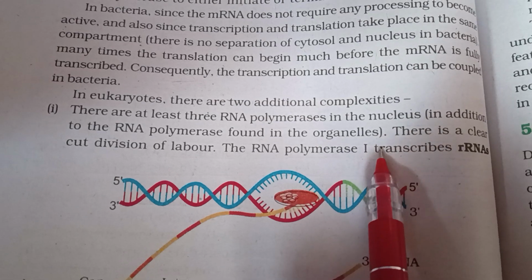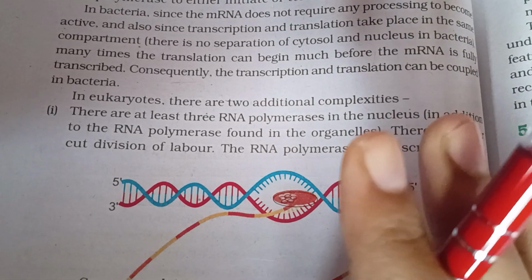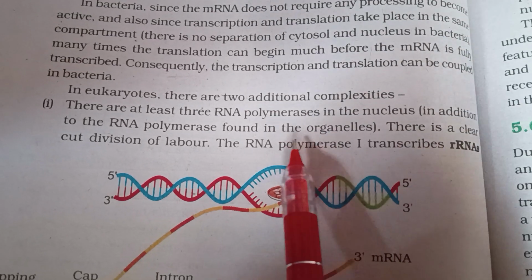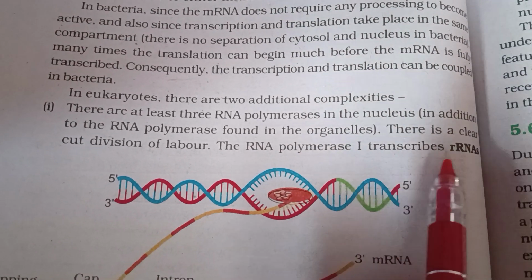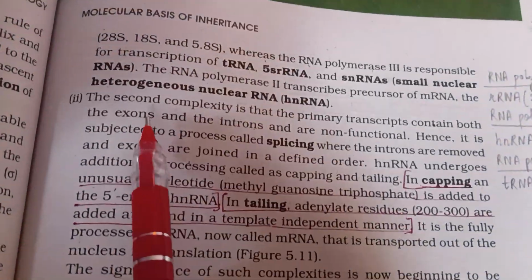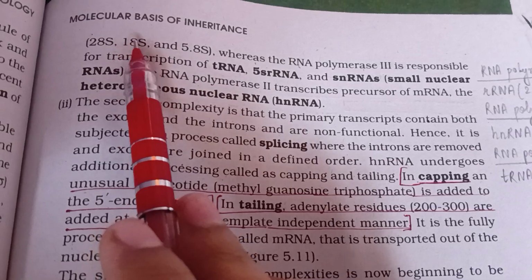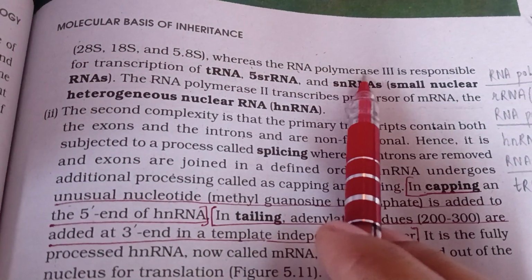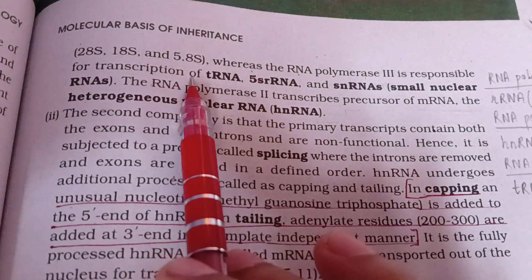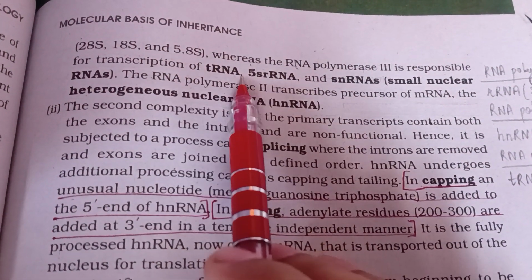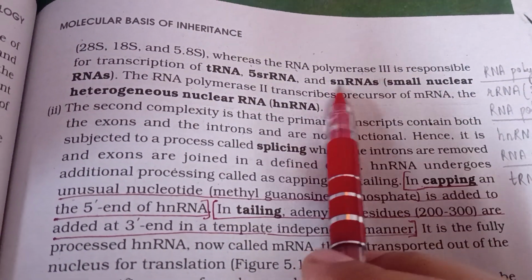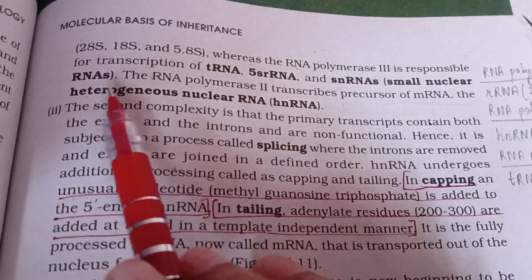So RNA polymerase 1 transcribes rRNAs 28S, 18S and 5.8S, whereas RNA polymerase 3 is responsible for the transcription of tRNA, 5S rRNA and snRNAs. snRNAs means small nuclear RNAs.